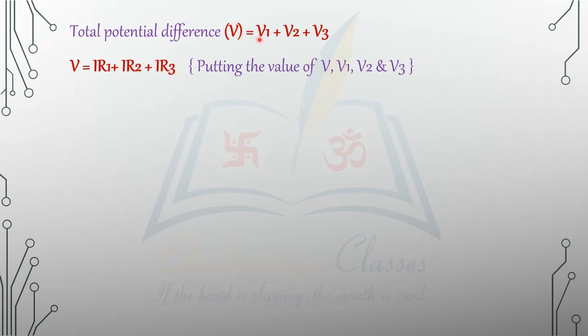V1 was IR1, V2 was IR2, and V3 was IR3. The I terms are always constant, so taking I common.